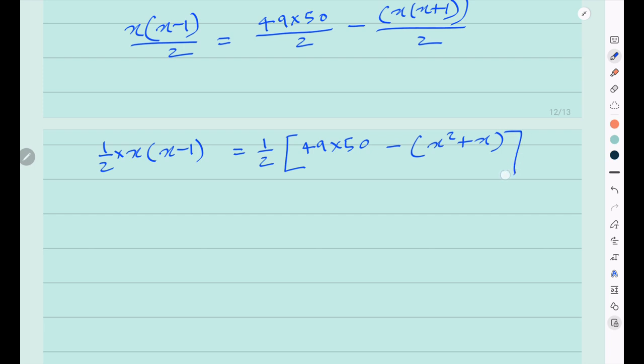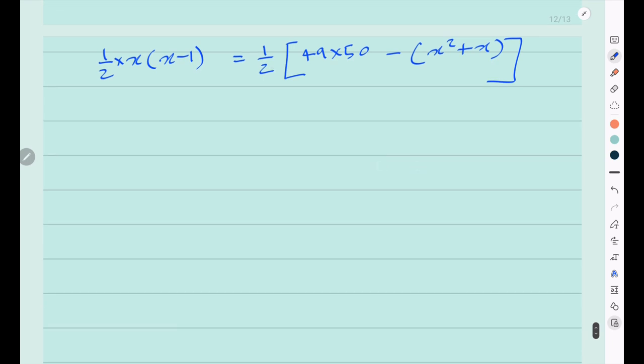We can write that, isn't it? So here we can easily see that half and half could be cancelled, and x squared minus x is equal to 49 into 50 minus x squared minus x, isn't it?